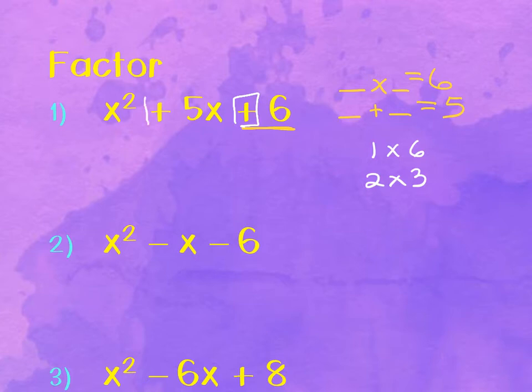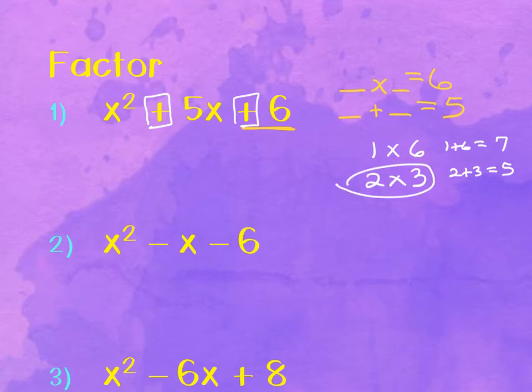This middle term was positive, so this tells me my factors are both positive. If I go back and add 1 plus 6, I get 7. And if I add 2 plus 3, I get 5. So these are my two factors, and I end up with x plus 2, x plus 3.